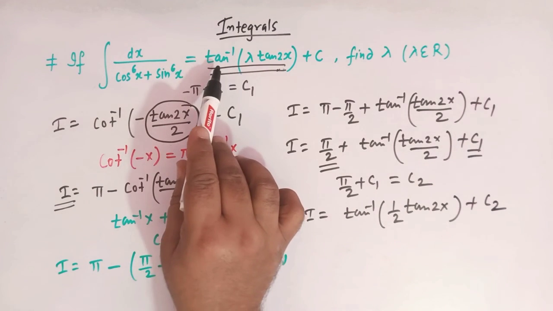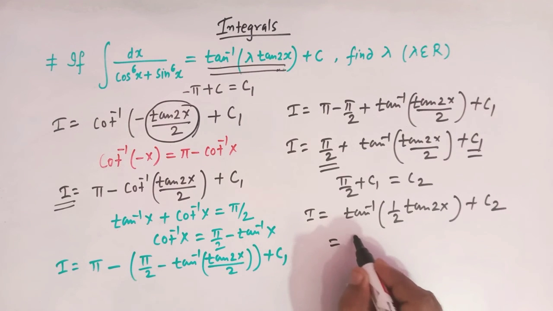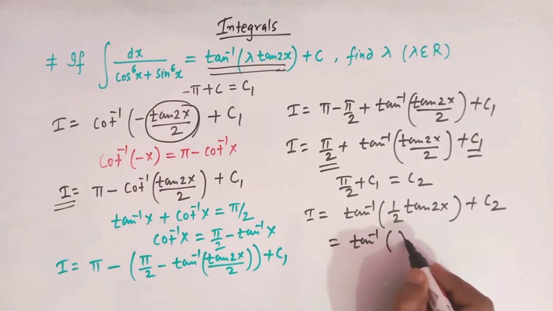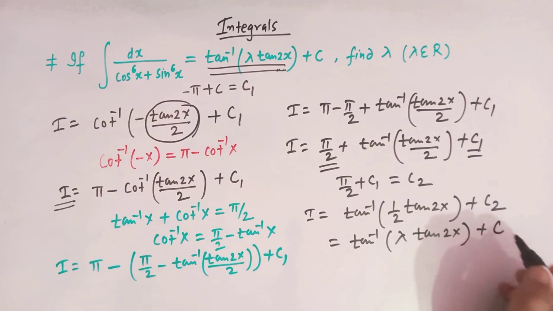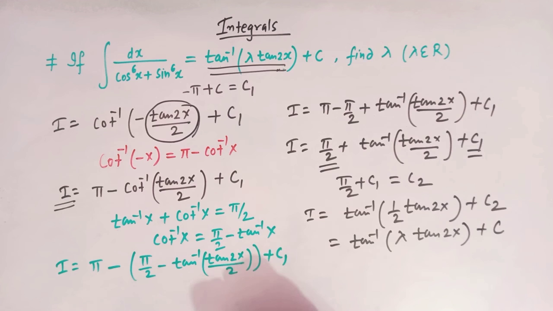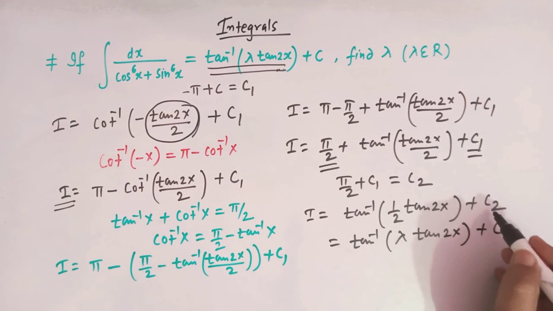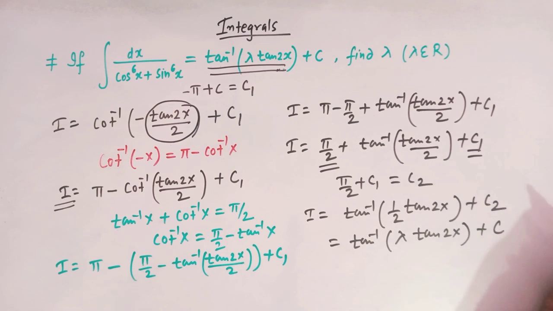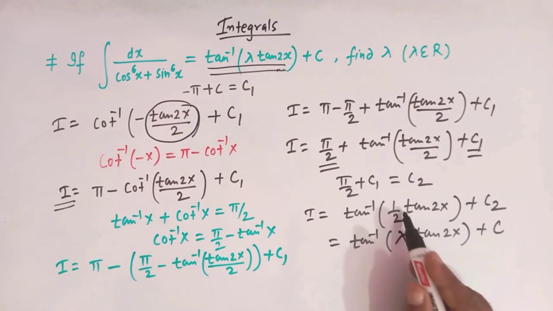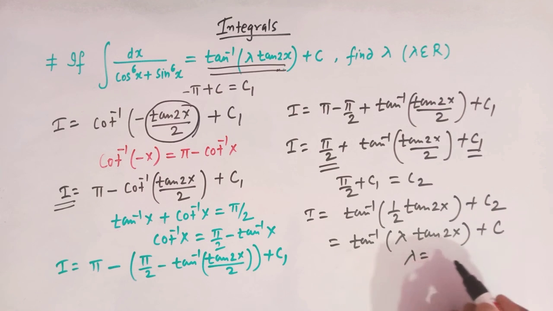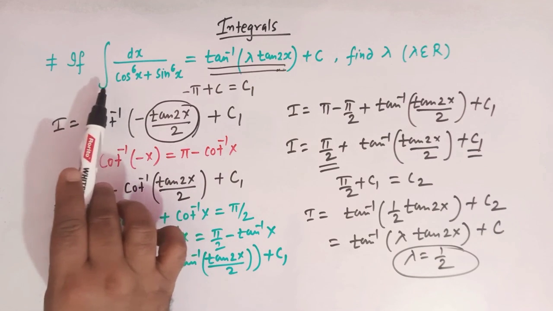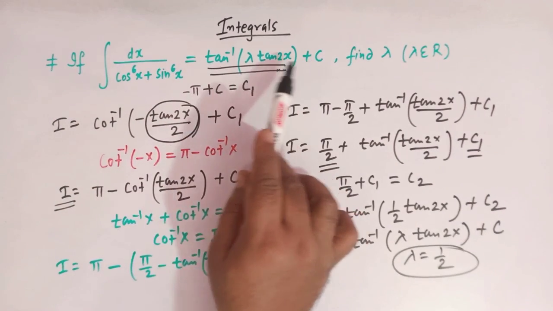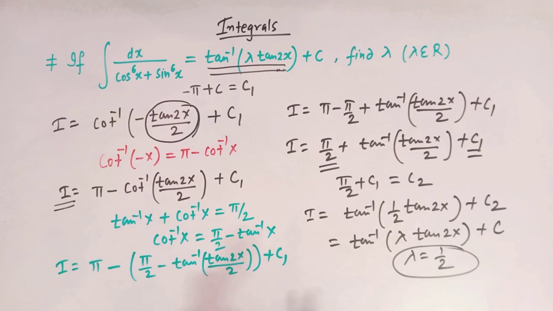And now if we compare this result, that is tan inverse of lambda tan 2x plus c, and c2 are the same constants, so here we can also replace c2 by c. So if we compare these two expressions, then we get lambda is equal to half, right? So viewers, when this integral is equal to this expression, then the value of lambda is equal to half.